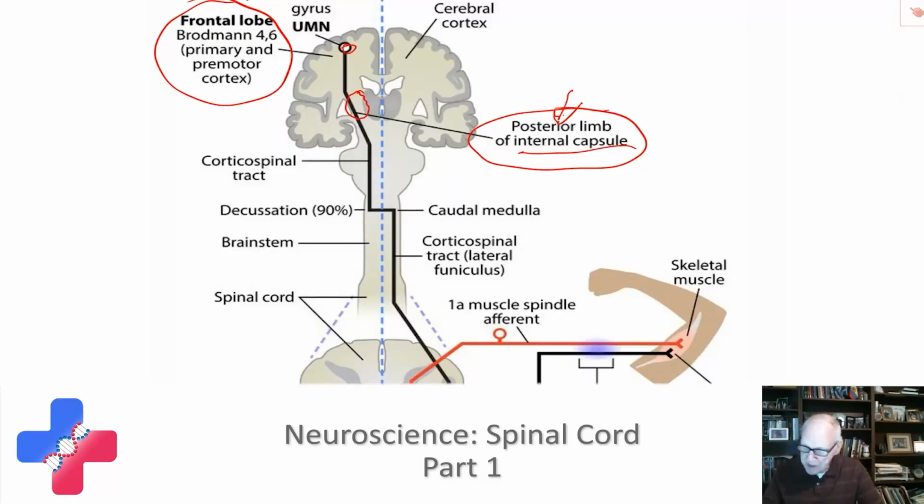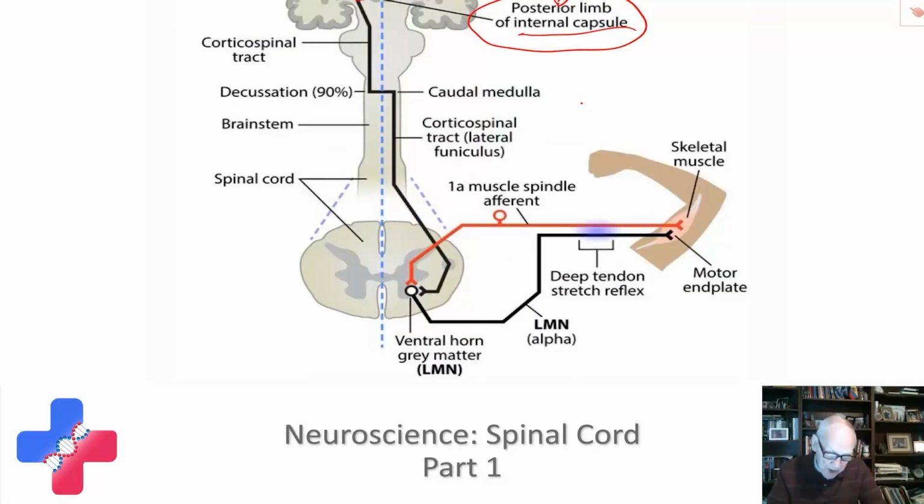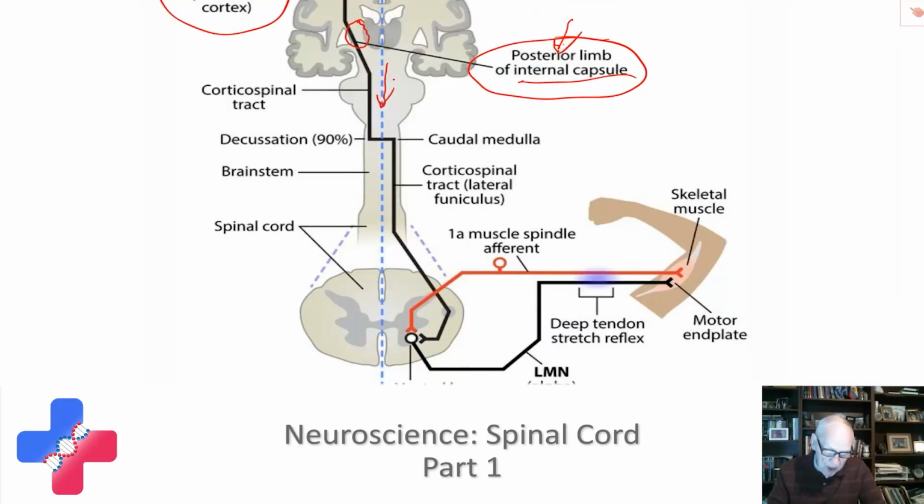Then after squeezing through that posterior limb, notice it continues its course into and down the brainstem. We're still on the right side of the brainstem, and then we're going to continue all the way down and come to the point of decussation, crossover.